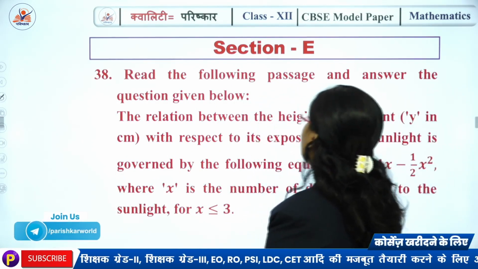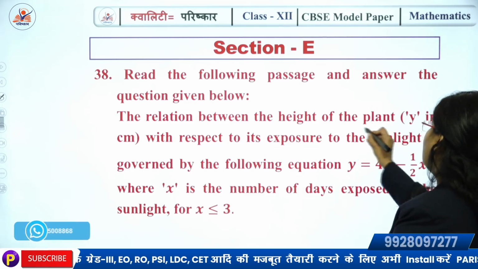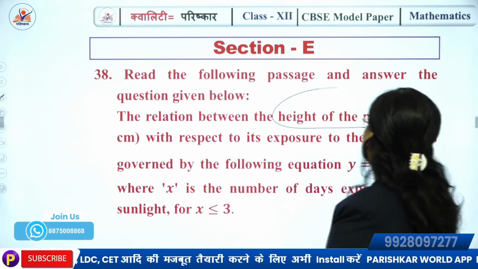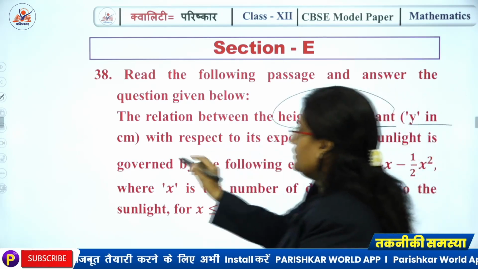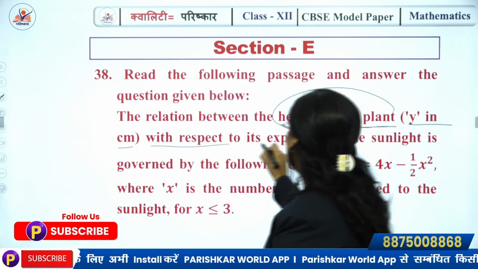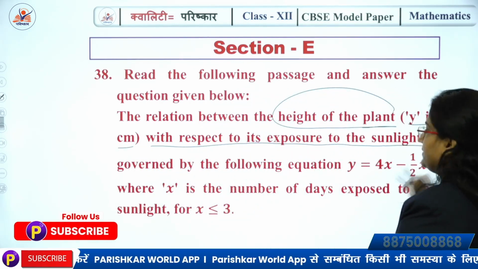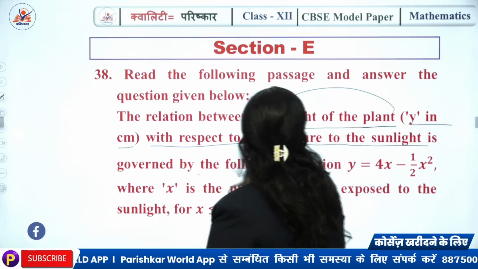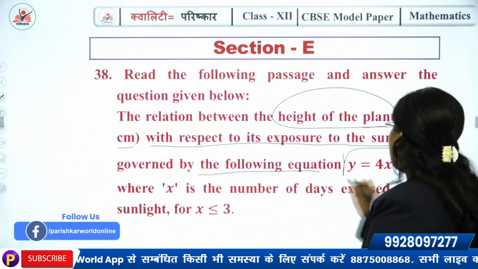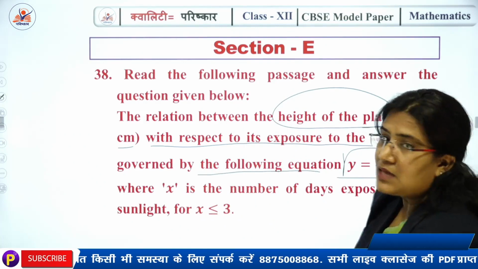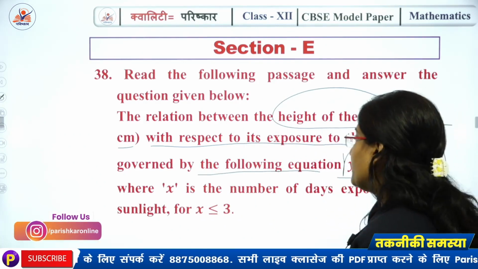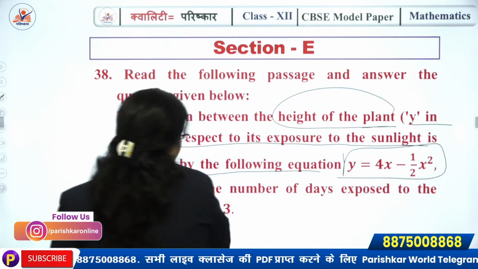The relation between the height of the plant, y in centimeters, with respect to its exposure to the sunlight is governed by the following equation, which is given by y equal to 4x minus half of x square, where x is the number of days.